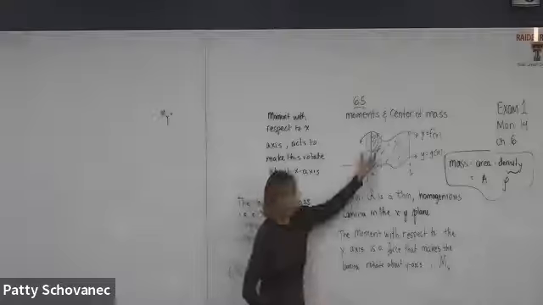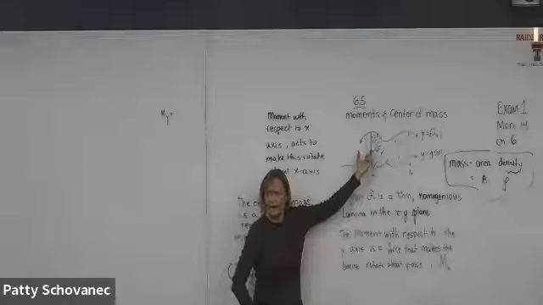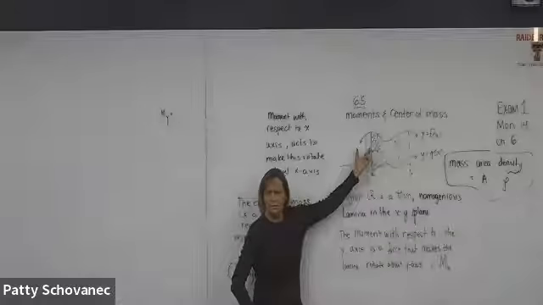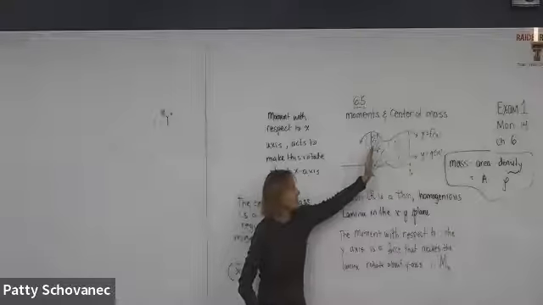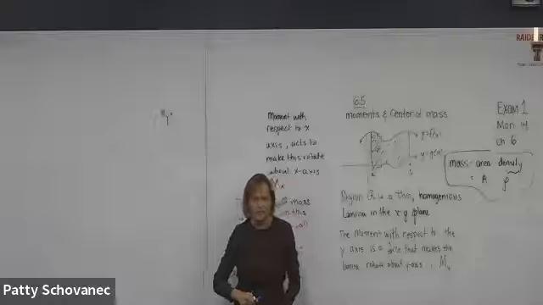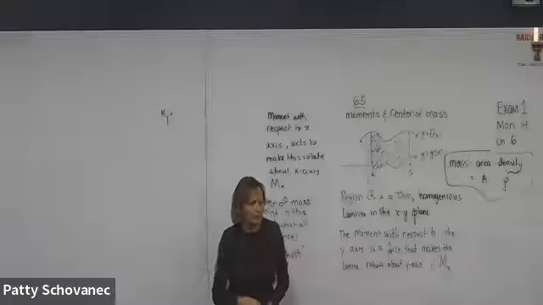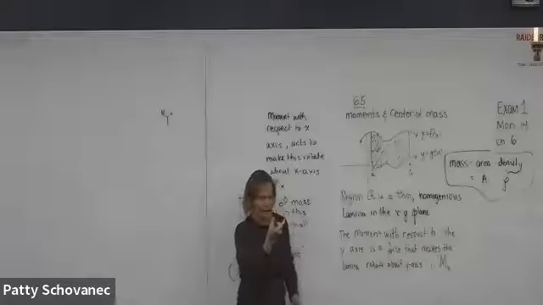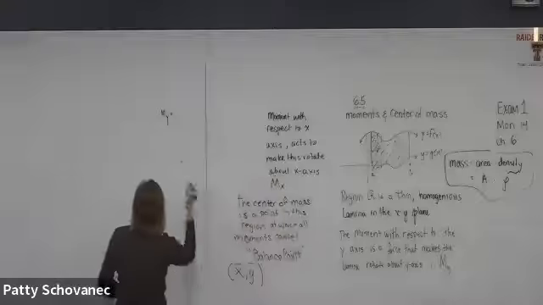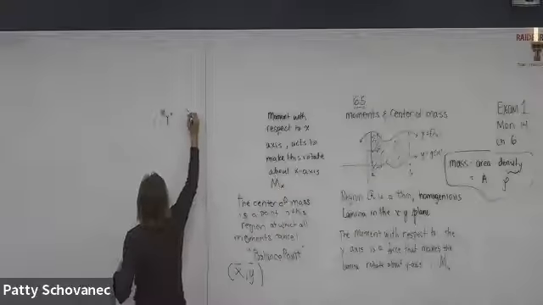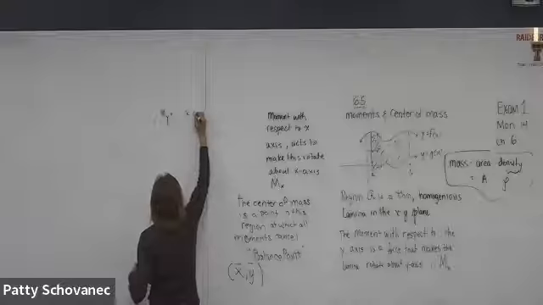How did we do it when we talked about radius of rotation? The distance between the y-axis and any point in that region. That's an x. So we're going to take the x times the area of the strip.